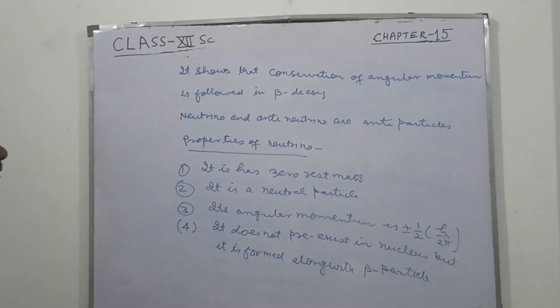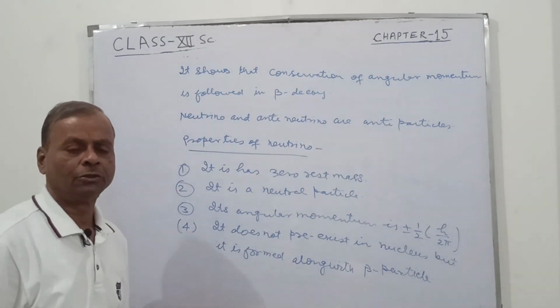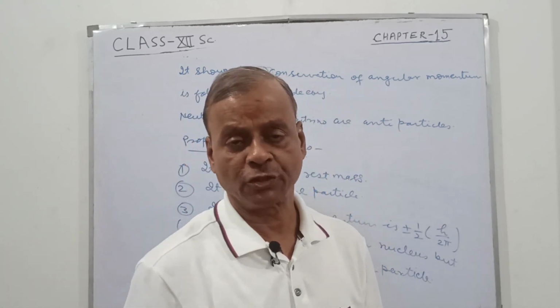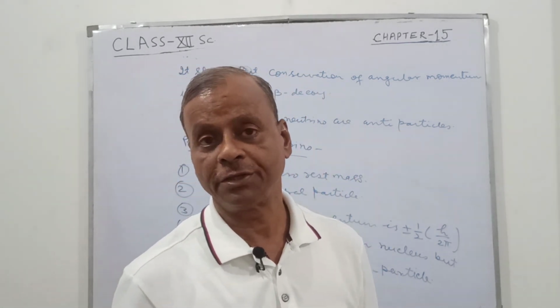So these are the properties of neutrino. So this is about how the law of conservation of energy and angular momentum are held in beta decay.